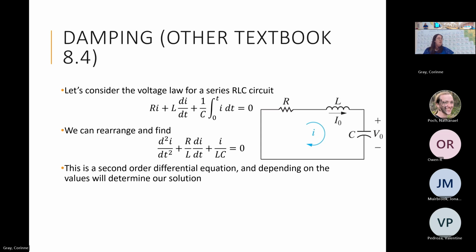So if we think about what's going to happen in this situation here, typically we say the capacitor is charged, we close the switch. What that's going to do is over time, this is going to discharge, and the inductor is going to counteract the constantly changing current.